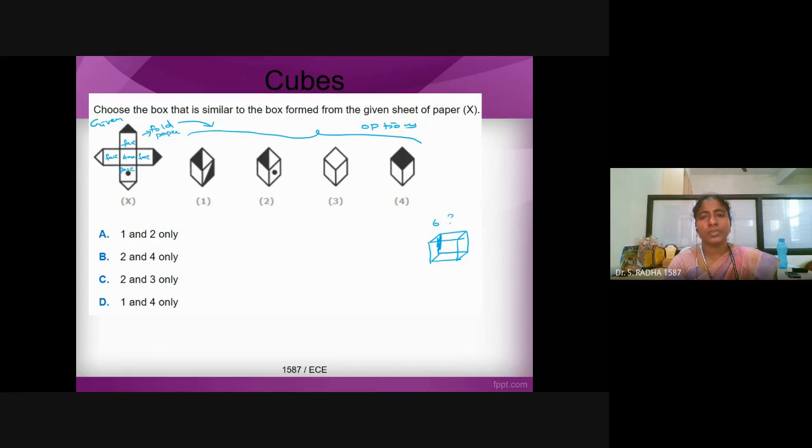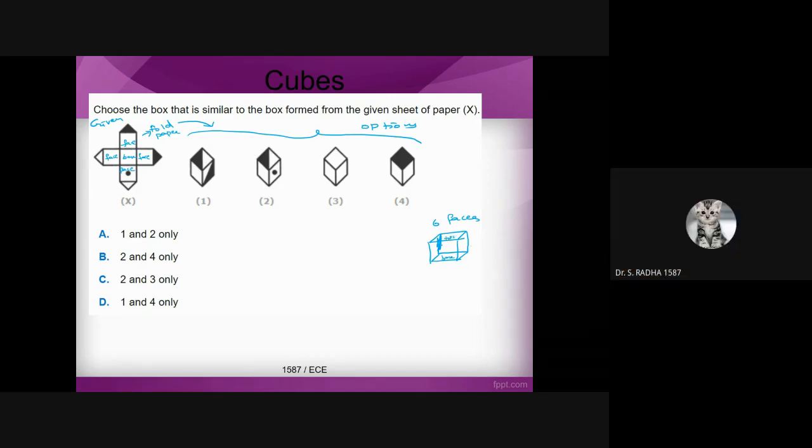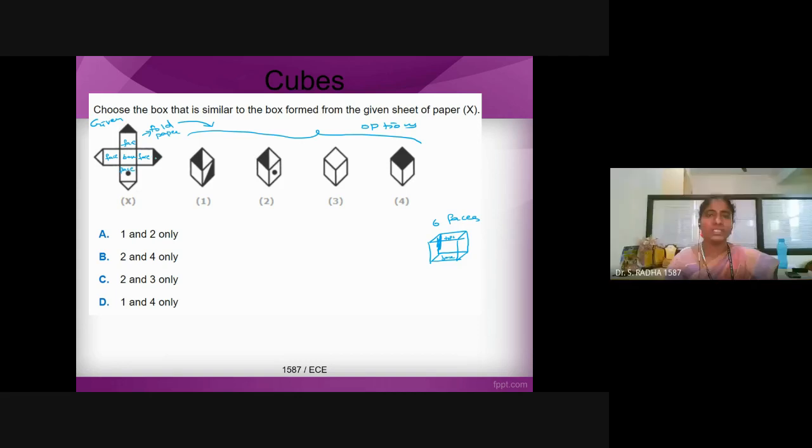One is base, the other one is top, and you have four faces around. Now I have the base or bottom, then four faces, and the top. If you join them, one face is divided like this.